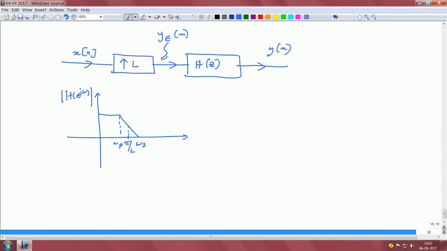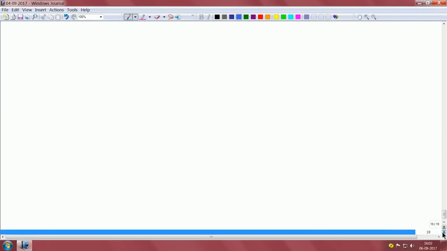You upsample it and then you cut off this portion. Now, I think once we get this picture, I will leave this as a small exercise.